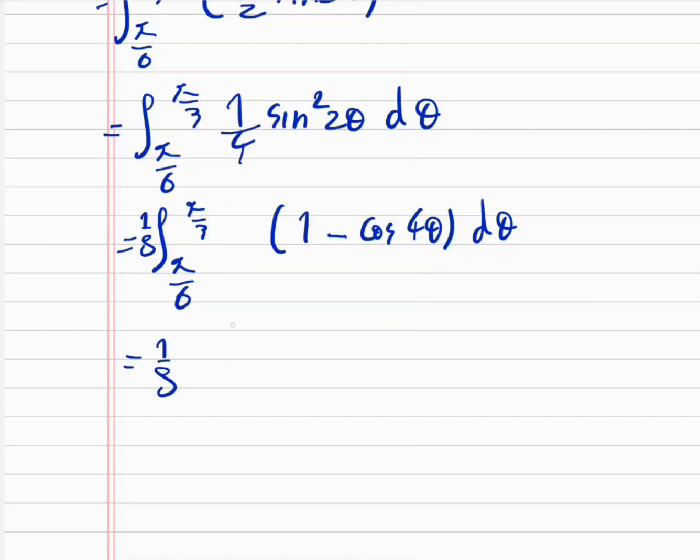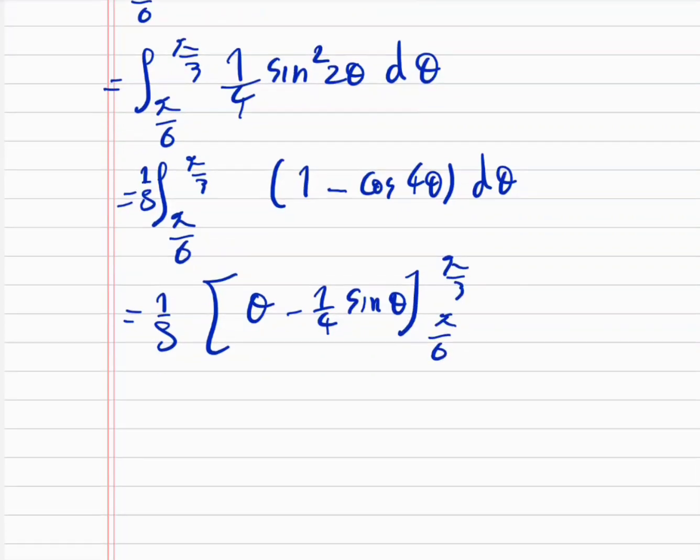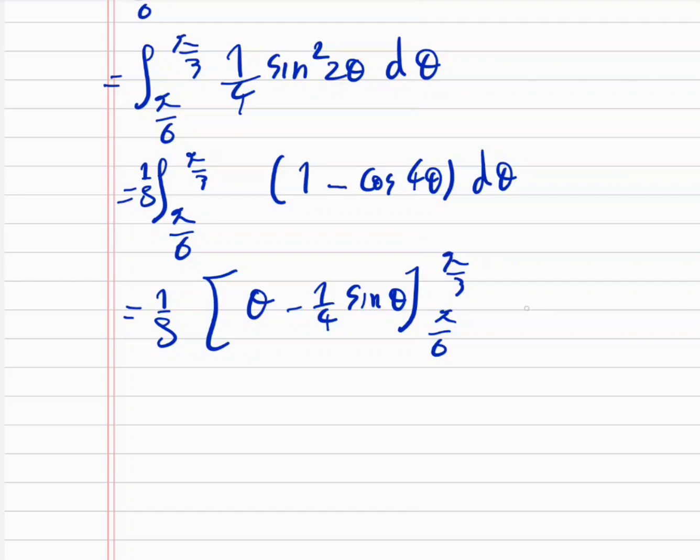So 1 integrates to theta, and then minus cos 4 theta integrates to minus 1 over 4 sine 4 theta. And then we have the limits. Yeah, so after calculating this, we get 2 pi plus 3 root 3 over 96.